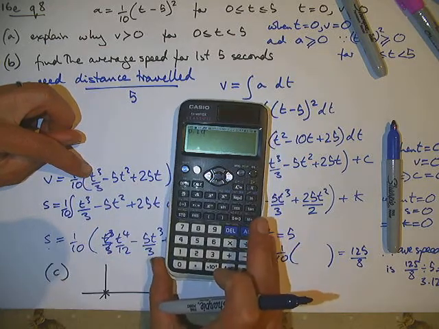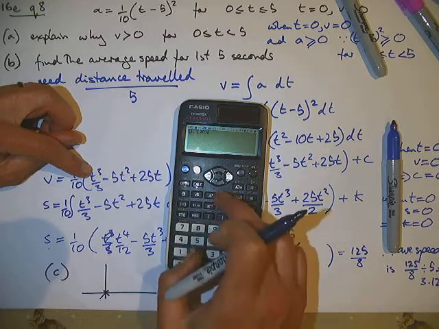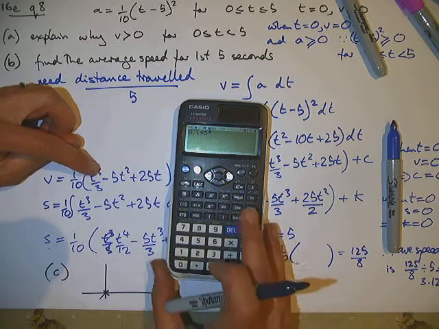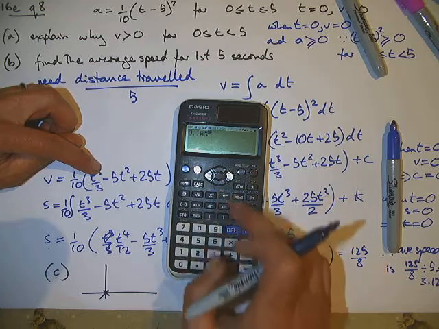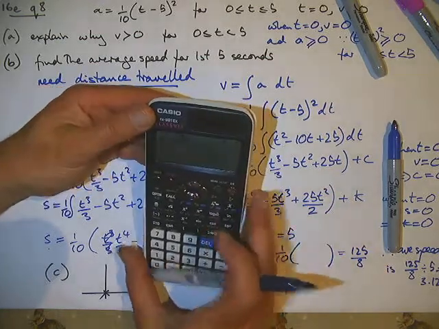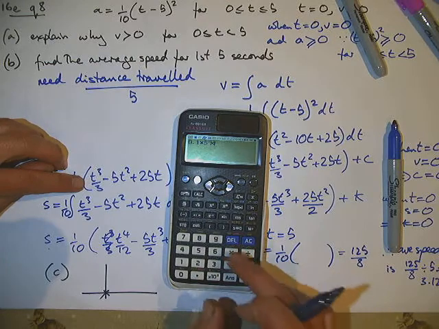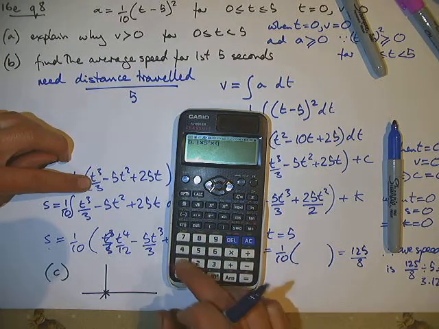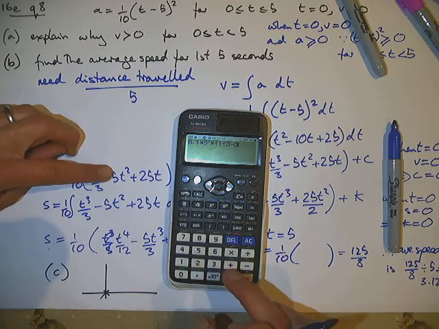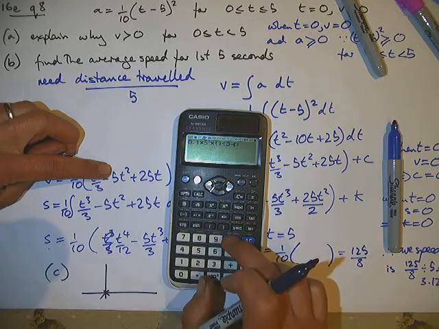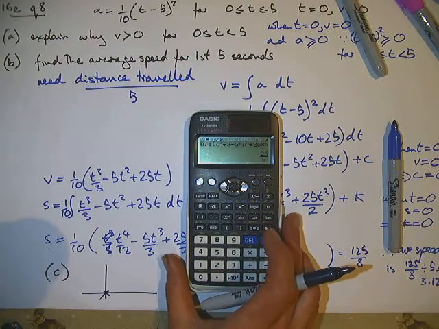Right, so let's do 0.1 times 5 cubed multiplied by 5 cubed multiplied by a third, so 1 divided by 3, take 5, no, that's, sorry, I was making a meal of that.